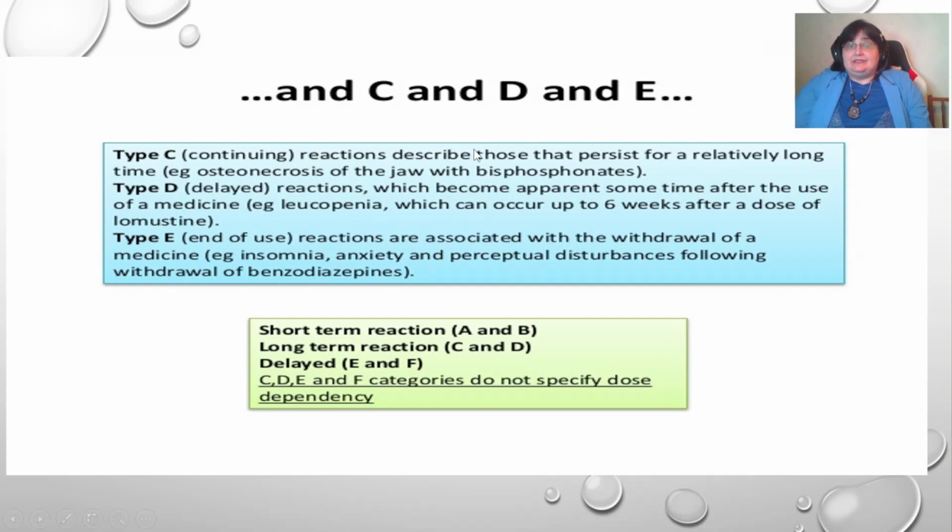Type C continuing reactions describe those that persist for a relatively long time, for example, osteonecrosis of the jaw with bisphosphonates. Type D delayed reactions become apparent some time after the use of the medicine, for example, leukopenia, which can occur up to 6 weeks after a dose of lomustine.